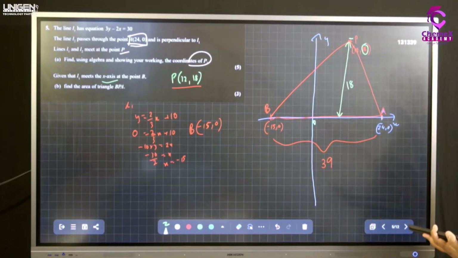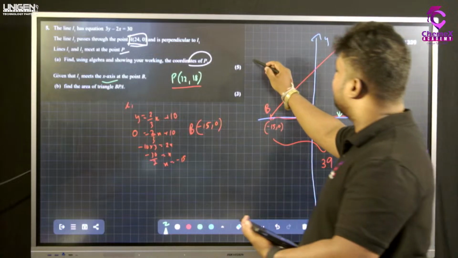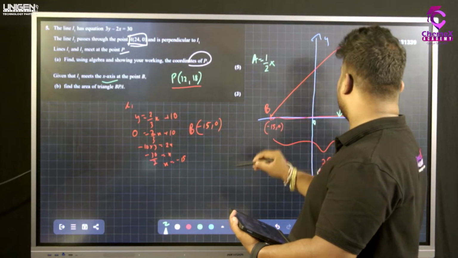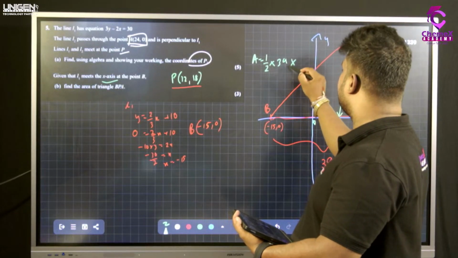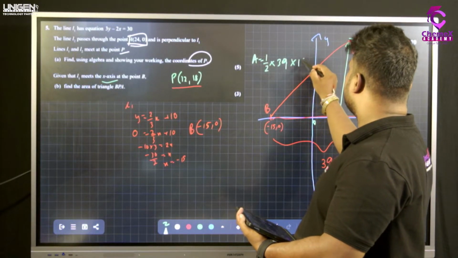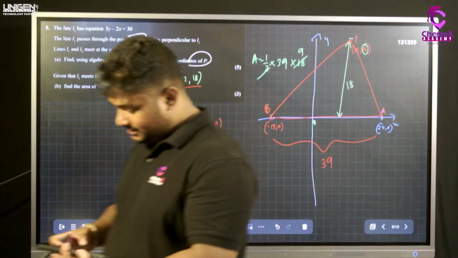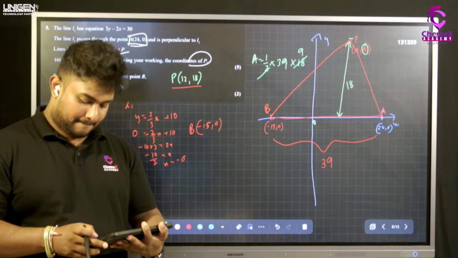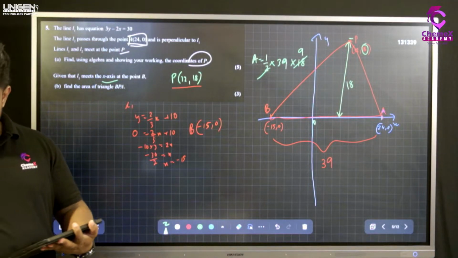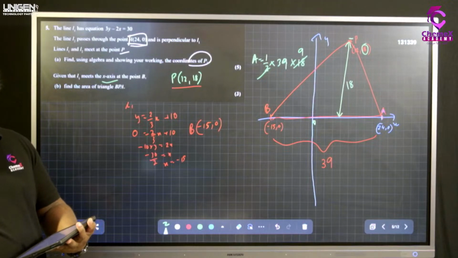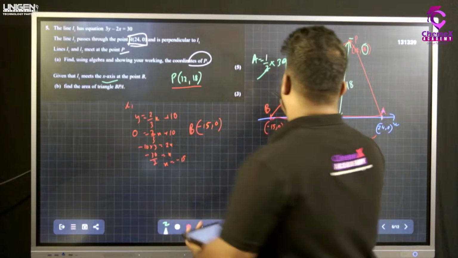So area equals half into base, 39, into height, 18. What is 39 times 9? 351. Yes, exactly the answer.